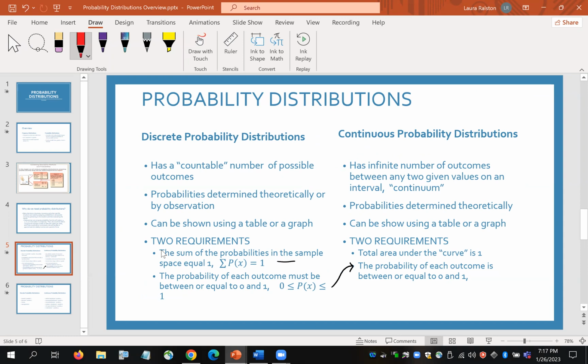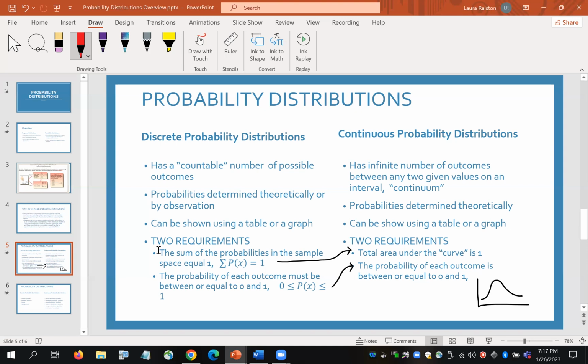And then the sum of the probabilities being equal to 1 is the same as the total area under the curve. Again, because visually for a continuous probability distribution, more times than not, you're going to see a graph. And so you're looking at a curve or some sort of graph. And again, the total area under that graph is supposed to be 1.